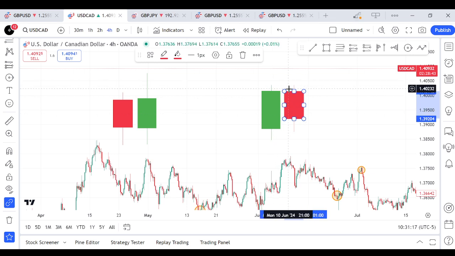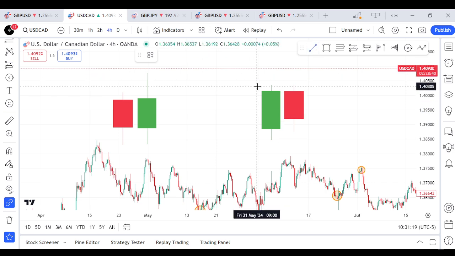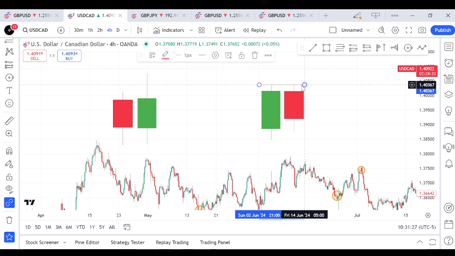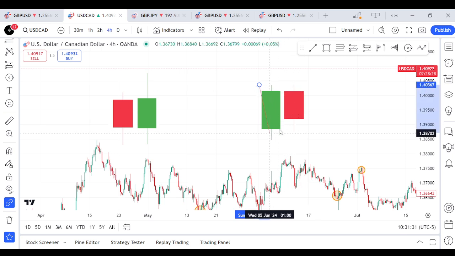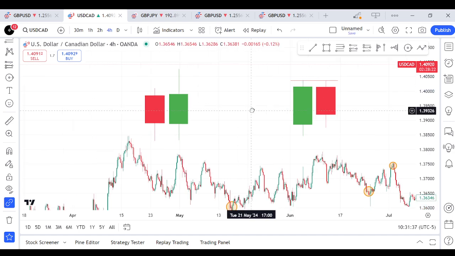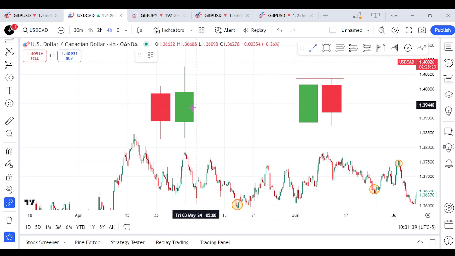They have identical highs. You can see their highs right here are quite identical. The tops of the wicks are quite identical, and the bodies could be different, but these highs just have to be identical. And the same thing with the tweezer bottoms.